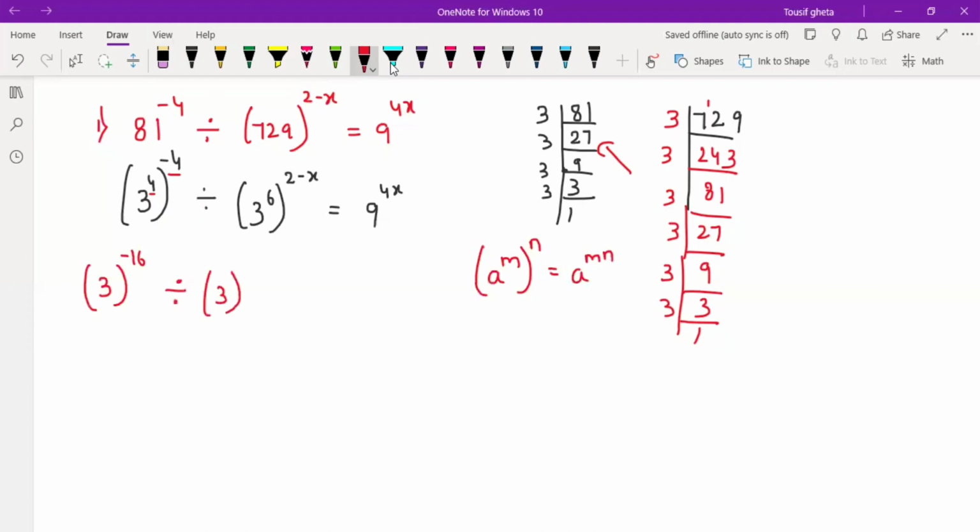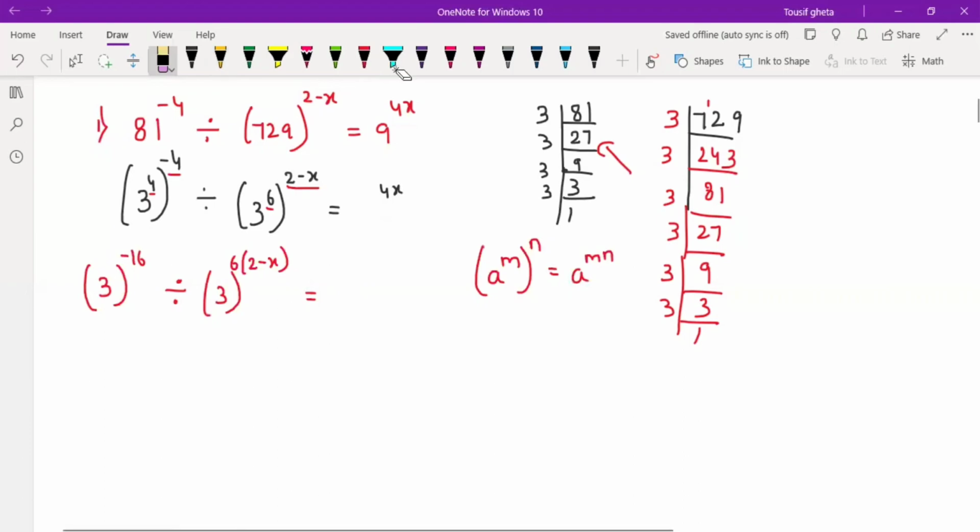As you can see, even this exponent consists of two powers. One is 6, the other one is 2 minus x. Over here also, we did not convert the 9. Even 9 is a composite number. Let us convert this.